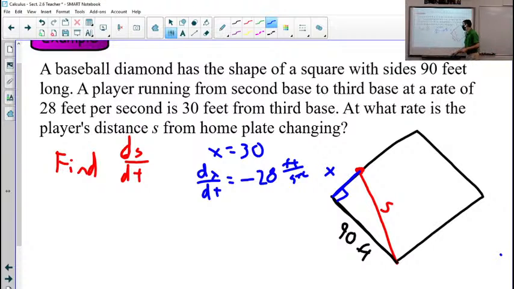And you should be able to make a prediction as to whether this rate is going to be positive or negative. If they're moving closer to third base, is this distance from home going to get bigger or smaller? So that means that that rate of change should be negative as our answer. That's a big part of why putting this negative sign here is going to make a difference.